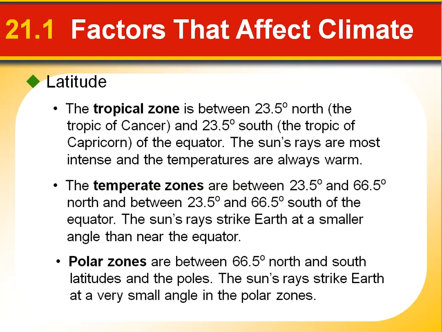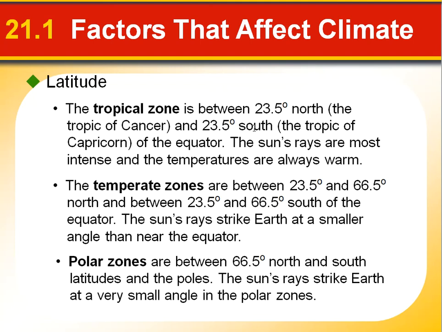So the latitude summaries are given here. You've got 3 zones: the tropical zone, the temperate zones, and then the polar zones. Obviously, the tropical zones are the hot and moist zones. The temperate zones are more moderate temperatures. We live in a temperate zone. And then, of course, the polar zones are much colder.